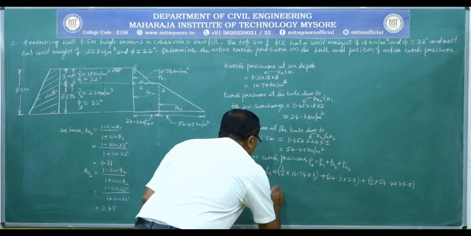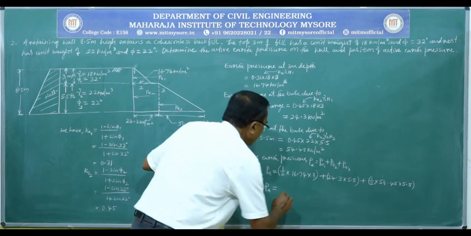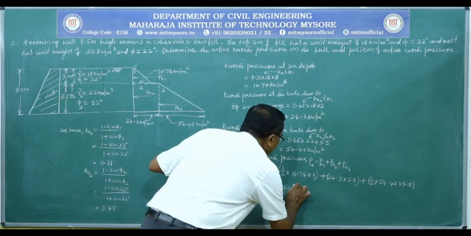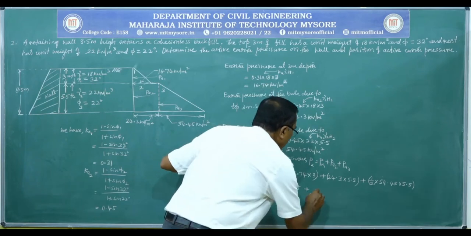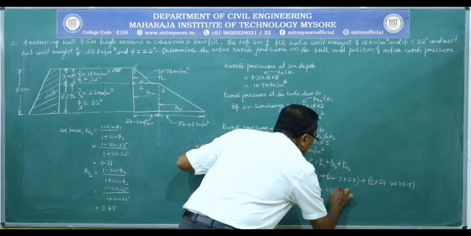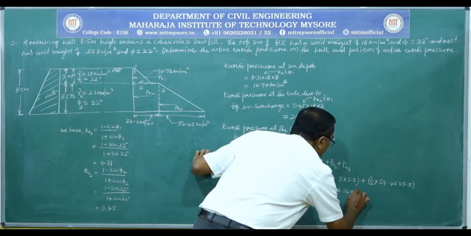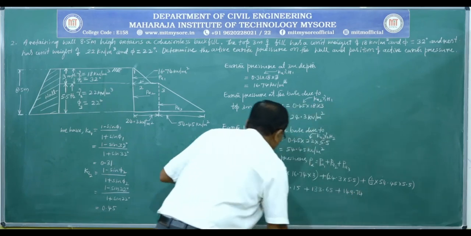PA is equal to, so PA1 is 21.15, plus PA2 is 133.65 and PA3 is 149.74.